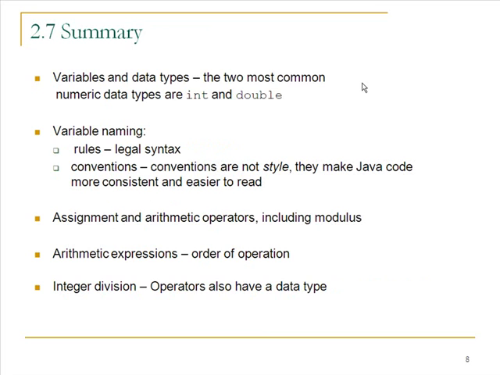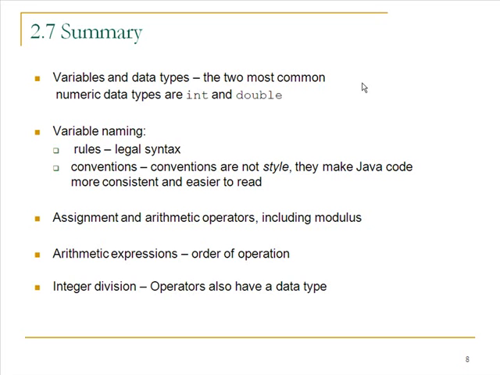Okay, so what have we learned in this segment? It's very short. We have variables and data types, and in Java the two most common numeric data types are int and double. So if you have a variable that will not need any decimal points, you're expected to use the data type int, and if you have a variable that does need decimal points, then you're expected to use the data type double.